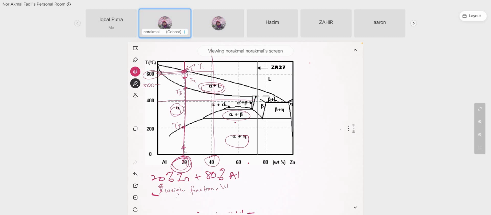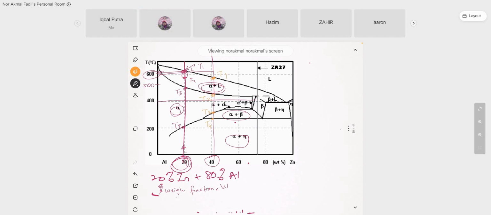If you just want to sketch a cooling curve, I think you take any intercept lah. For example, let's say this alloy, you take T1, T2, T3, T4. With this label, it is sufficient enough for you to sketch the cooling curve. Boleh?